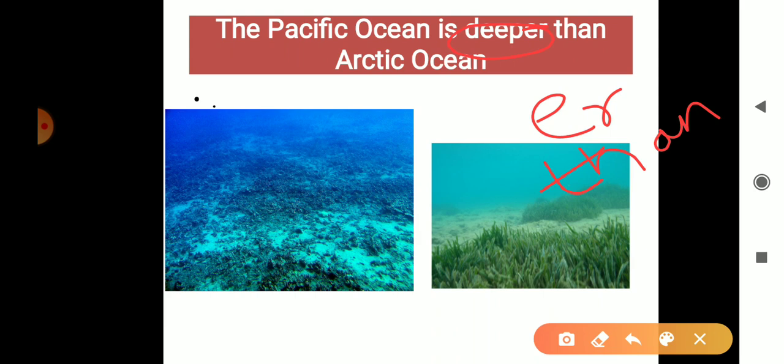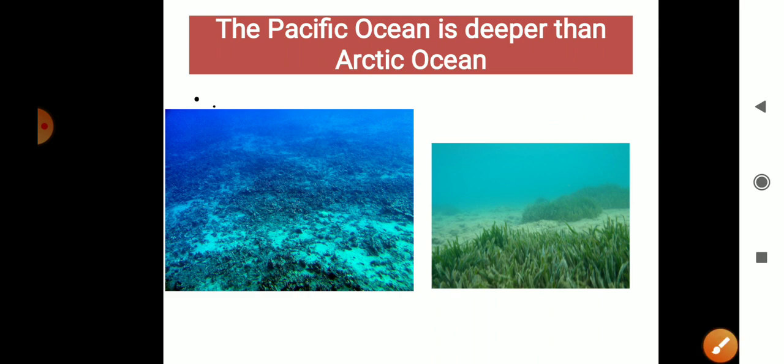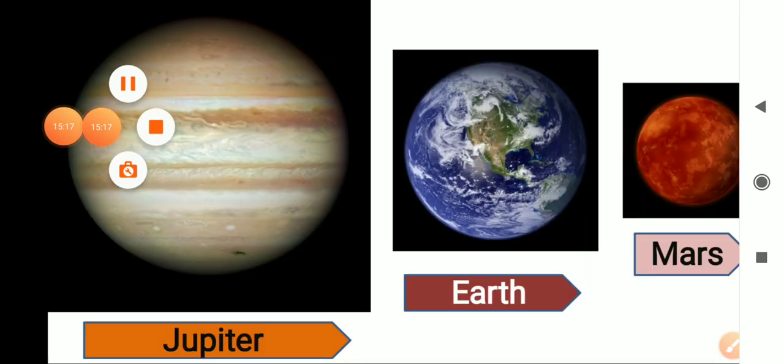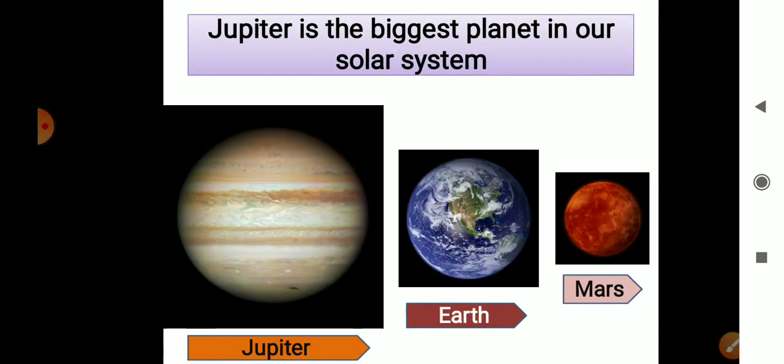So this is the example of comparative, and in the superlative degree we use the EST word. Here you can find out the size of Jupiter, Earth and Mars, and that is why we have used biggest planet in the solar system.